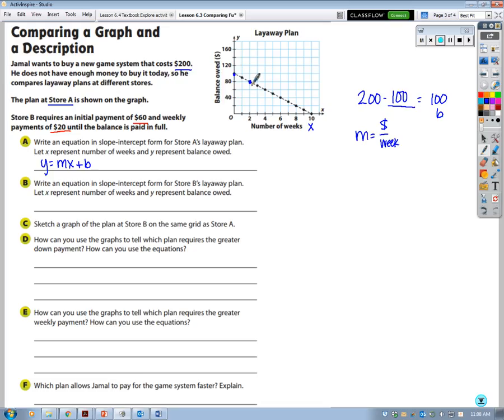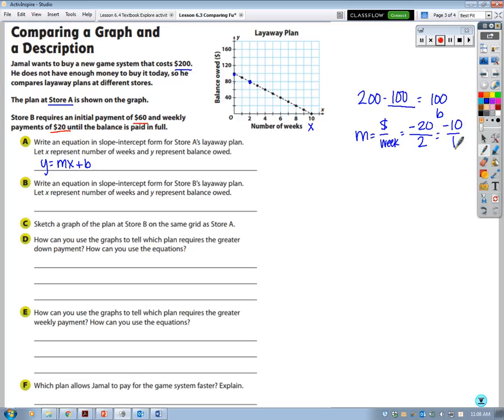So at 2 weeks, we've gone from $100 down to $80, so it's minus 20 over 2 weeks. We simplify that, and that means that he pays $10 per week.